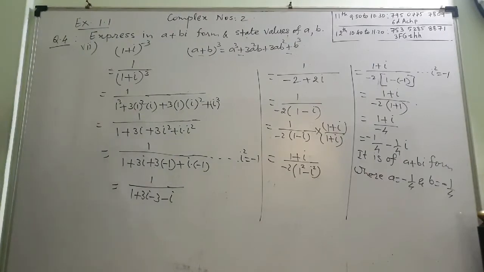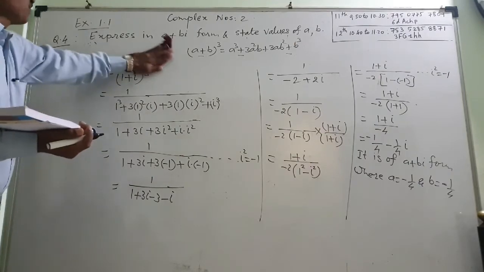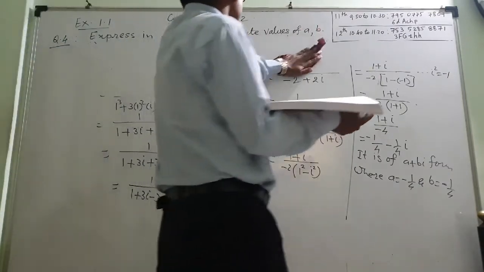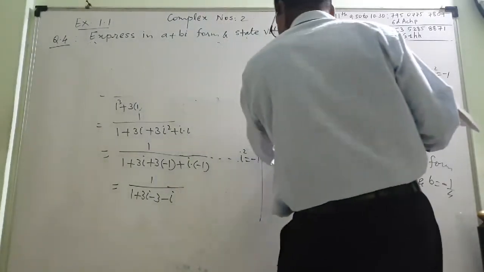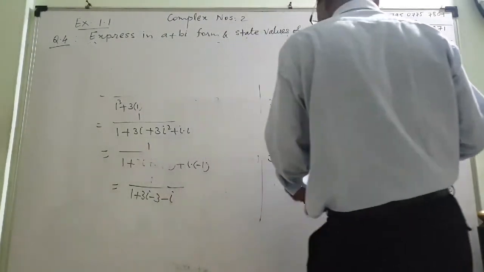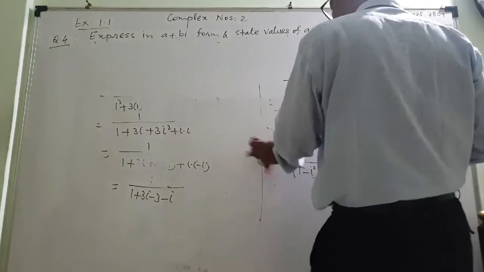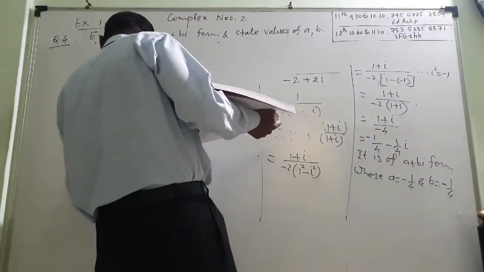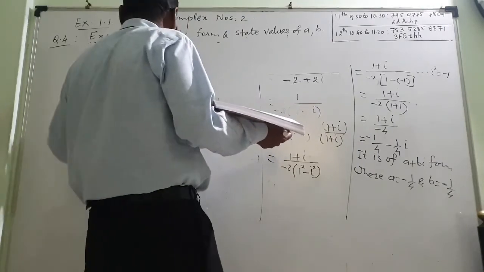Hope that you have understood this. Simplification everybody may do in different ways. The last steps you can differ. Instead of taking common like this, you could have done it directly. But why make the sums complicated?